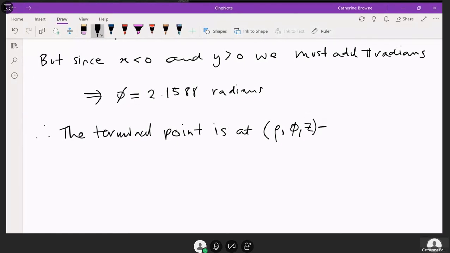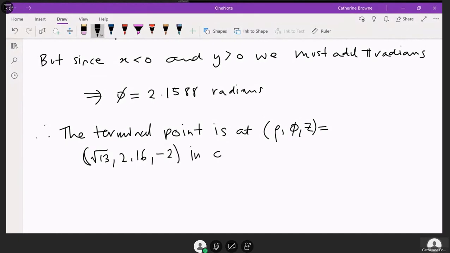So we found root 13 was rho, phi was 2.16, and then z was the same, so that was given by -2.